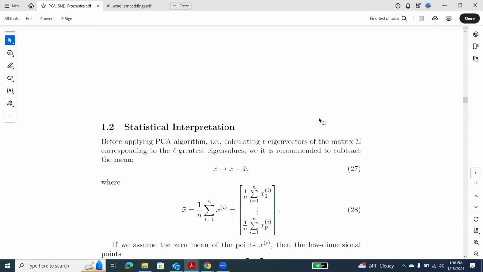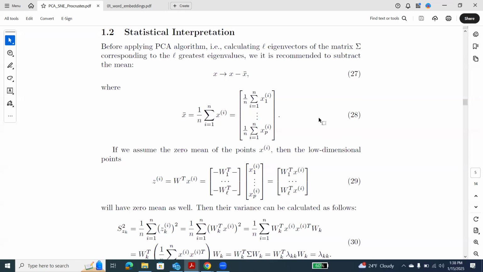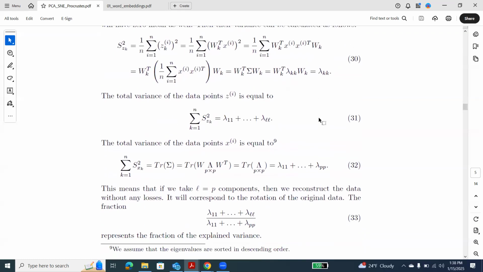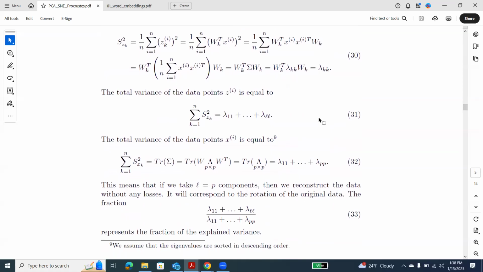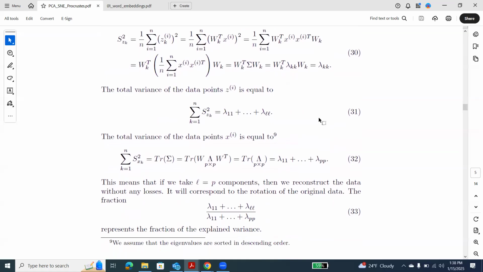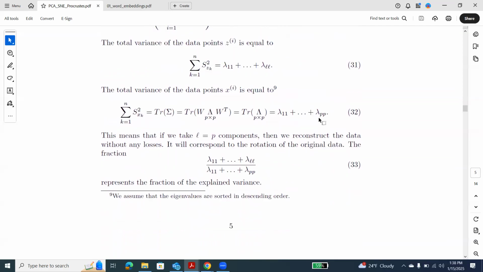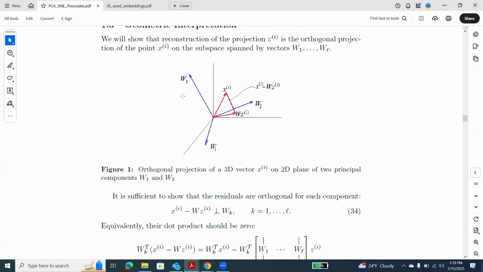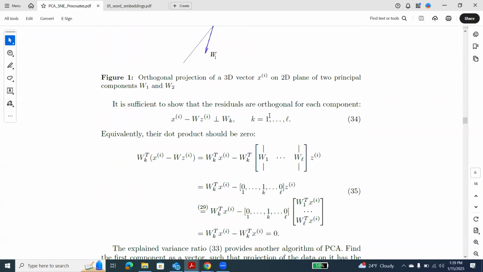Then there is a connection with statistics, where I proved that these Lagrange multipliers will be the variances, and a geometric interpretation that PCA is the projection of our vector onto the principal component space.